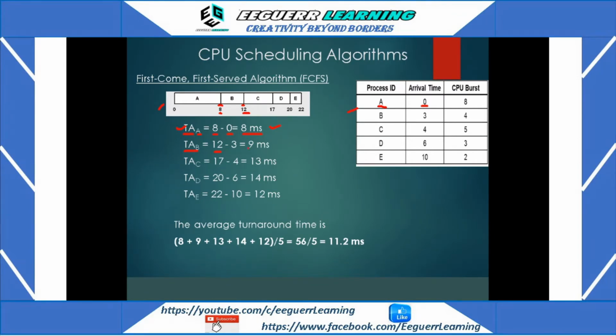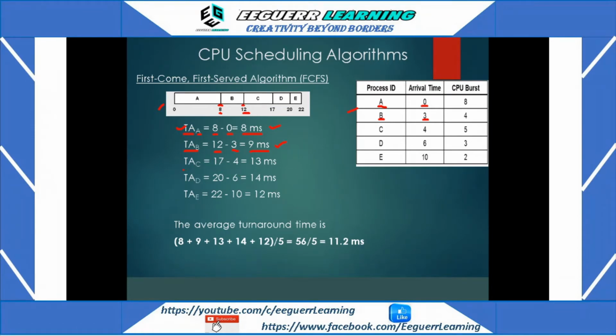And we look at our process table for the arrival time of process B, which is 3, place it here and subtract. 12 minus 3 gives us 9 milliseconds, and the turnaround time of process B is 9 milliseconds.